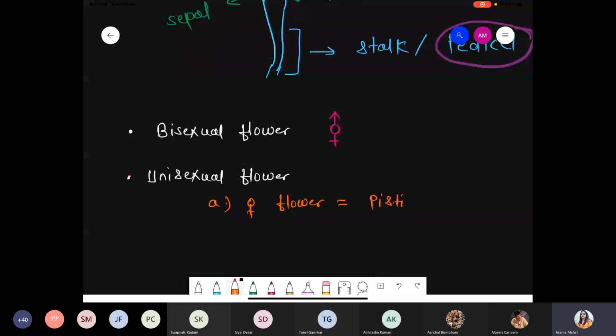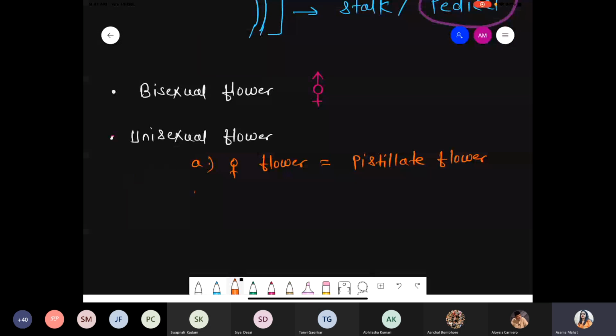And when you talk about the male flower, it is called staminate, because the stamen is involved. That's why it is called the staminate flower.